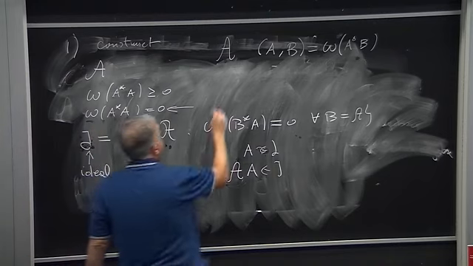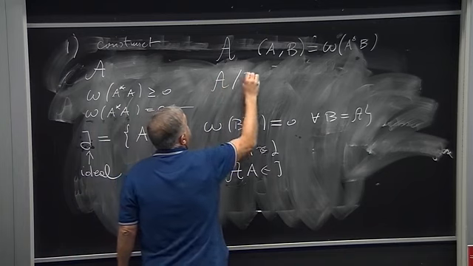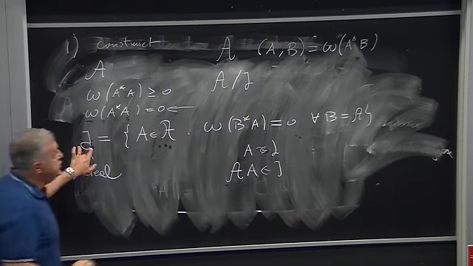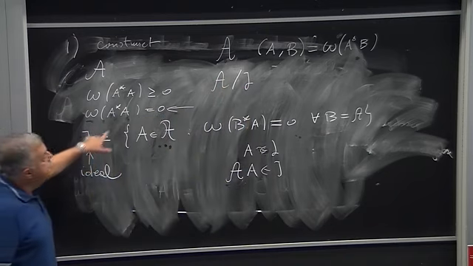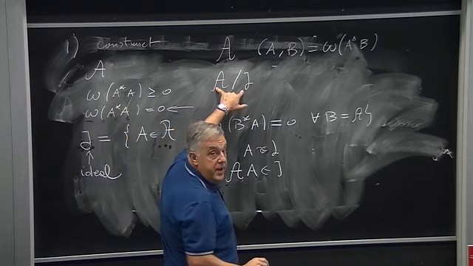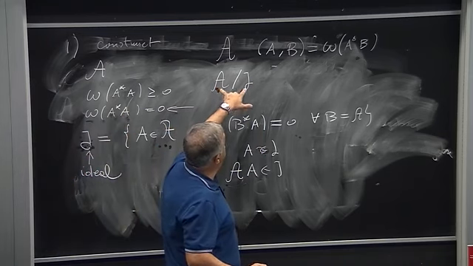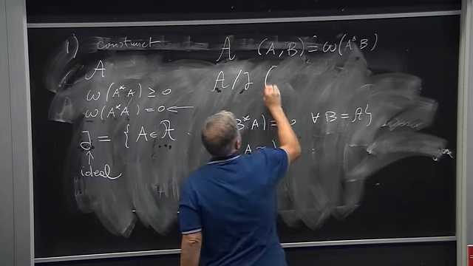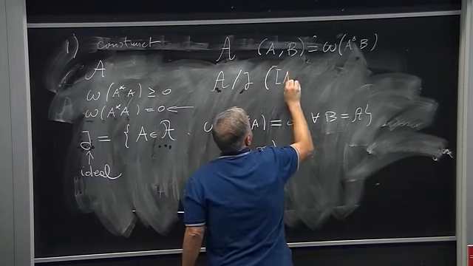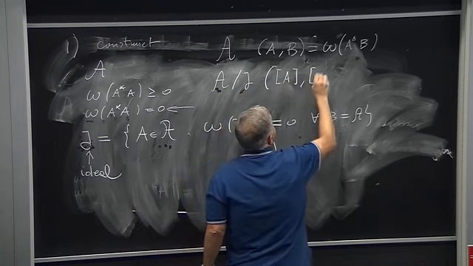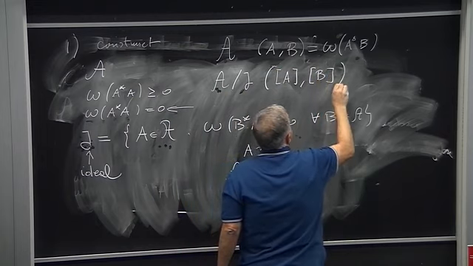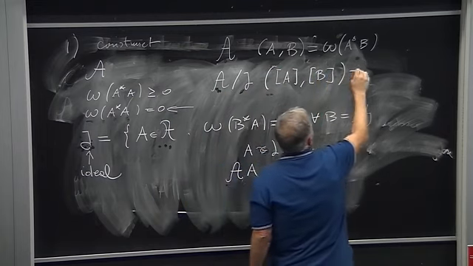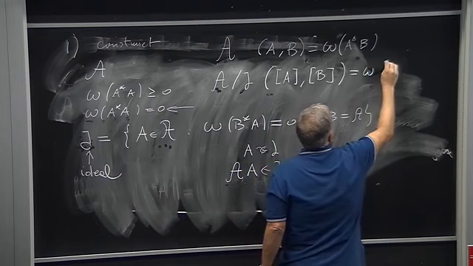The ideal as such is a subspace, so this is also a vector space. And when you consider the scalar product on equivalence classes, this is now well-defined and positive.